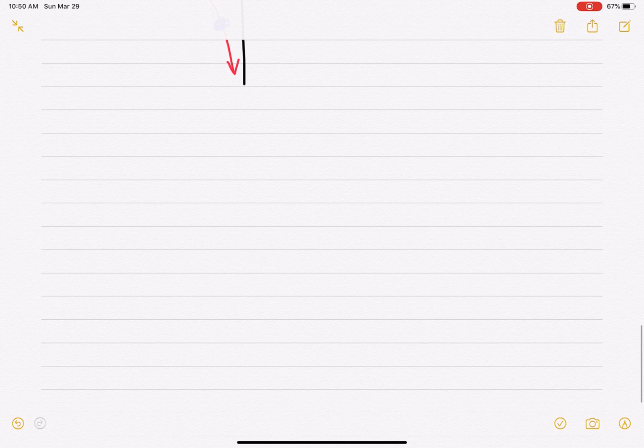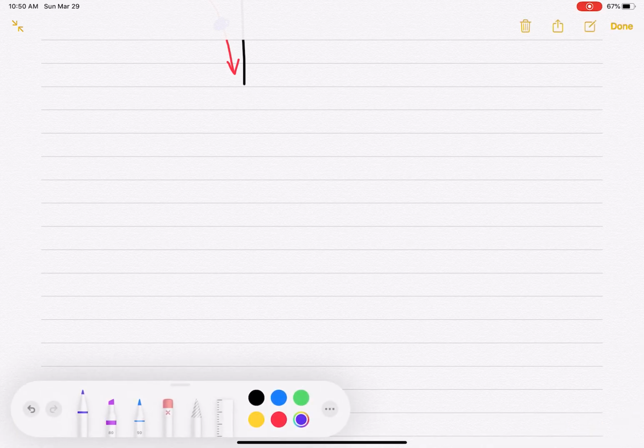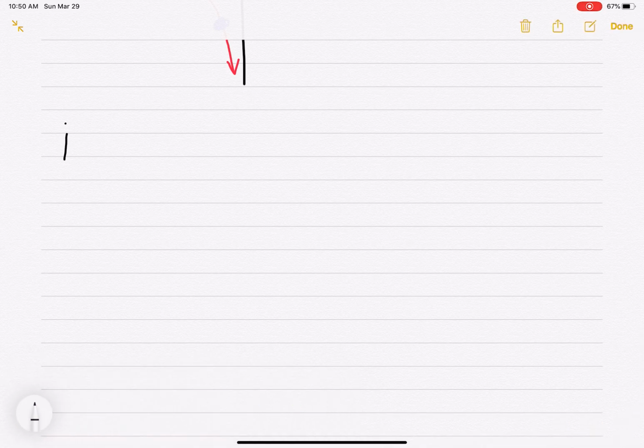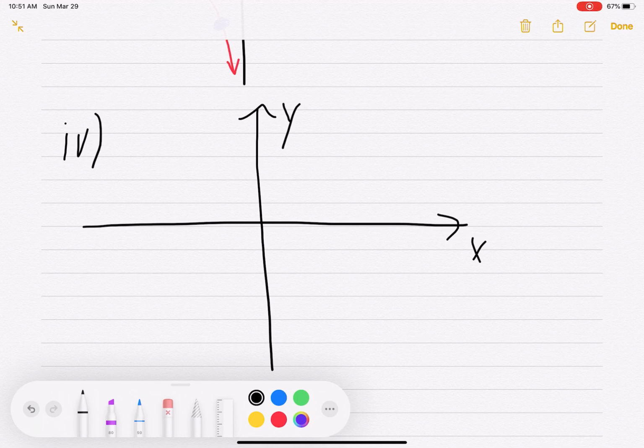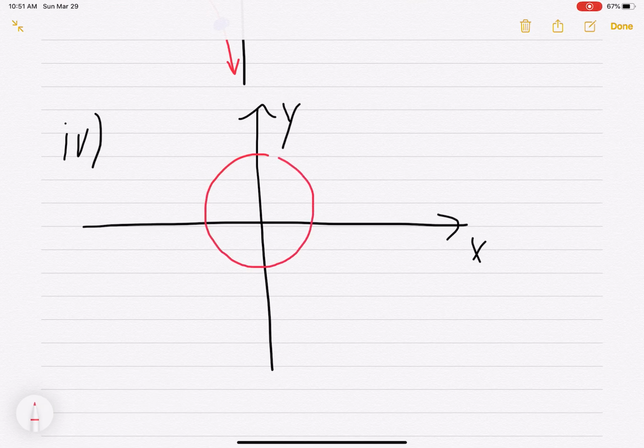Now let's do a fourth case. X-axis and y-axis present. And let's say our graph is a circle, just a circle here, centered about the origin.